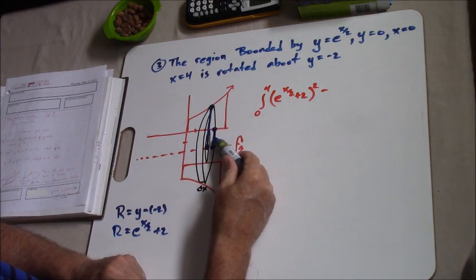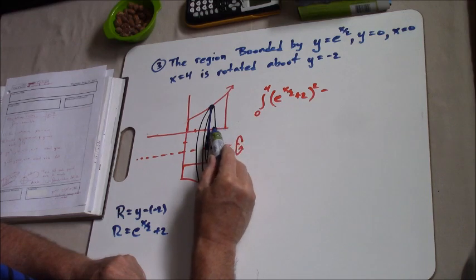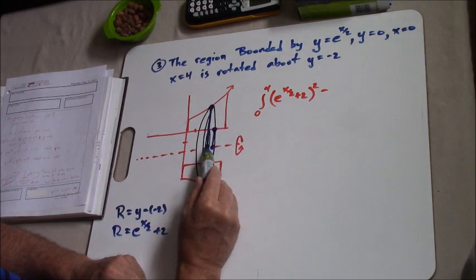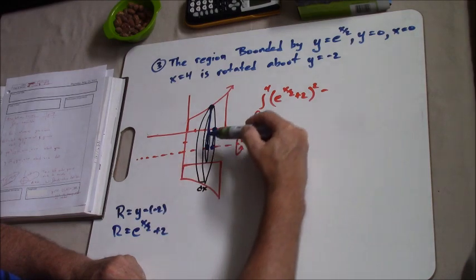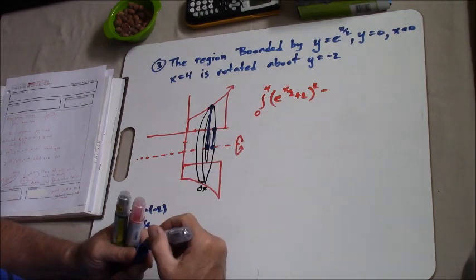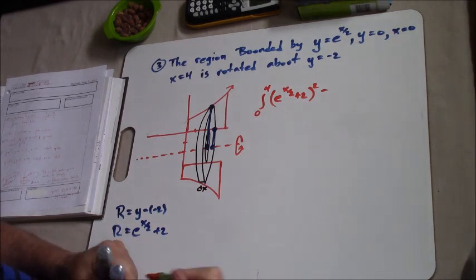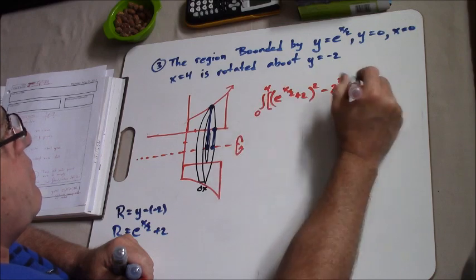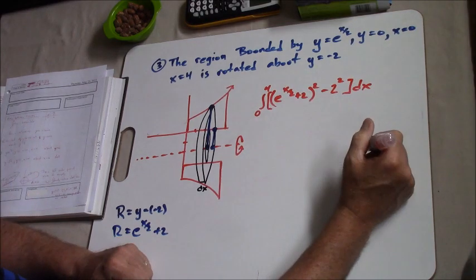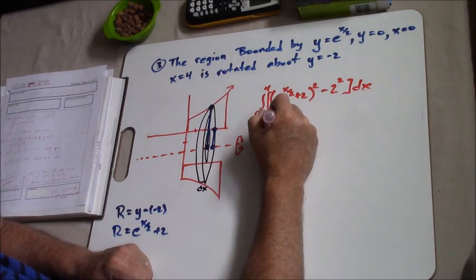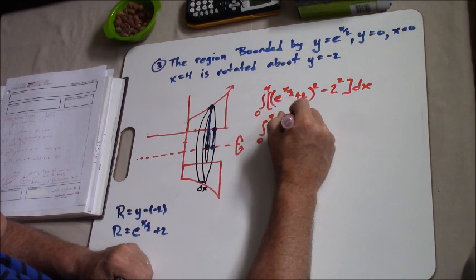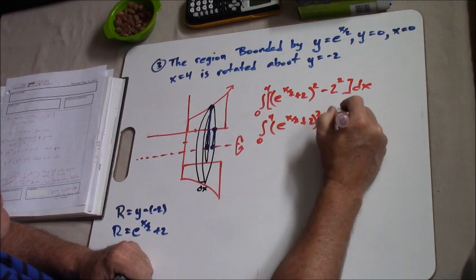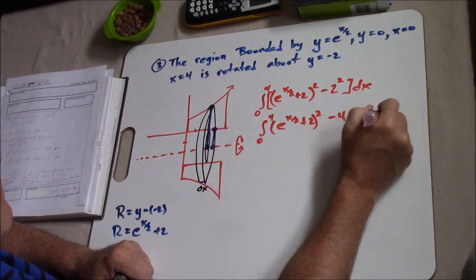As we slide this segment right here back and forth, this point always sits on the x-axis, this point always sits on the line y equals -2, and so that distance is 2. And so what I get is 2 squared, and then dx. So the integral from 0 to 4 of e to the x over 2 plus 2 squared minus 4 dx.